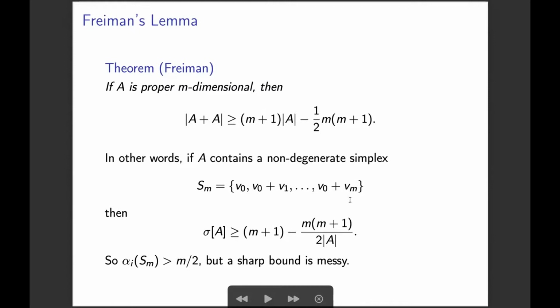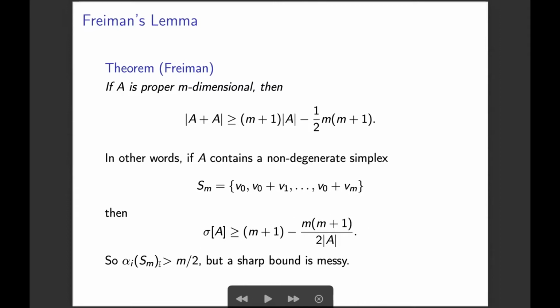So if we want to rephrase this in terms of the induced doubling, that basically means that if one can find a non-degenerate m-dimensional simplex within a set, then the additive doubling is at least m+1, modulo the error factor.